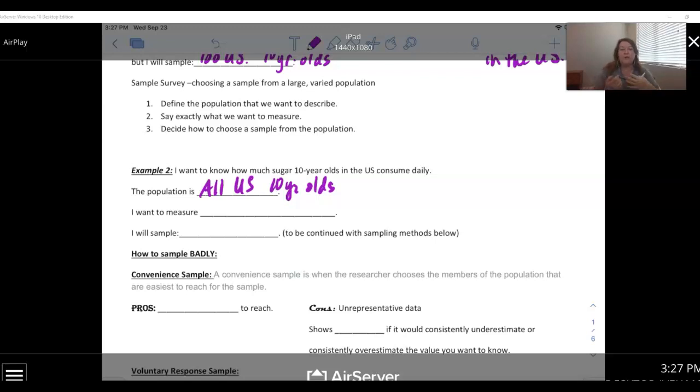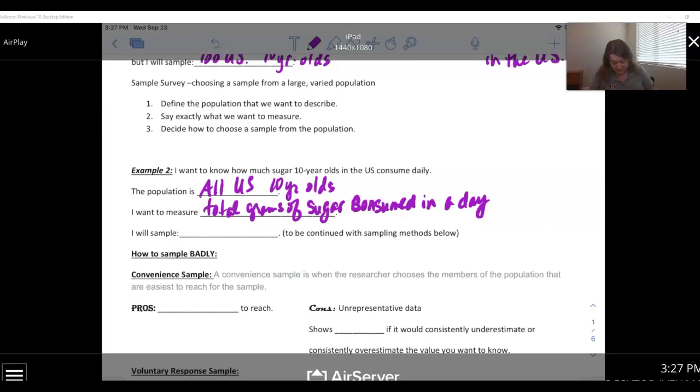But let's just say, what would we hope to put onto our graph? So maybe that would be total grams of sugar consumed in a day. So instead, I'm going to sample a smaller portion. What's that smaller portion? I'm going to sample 100 of them, 100 US 10-year-olds.